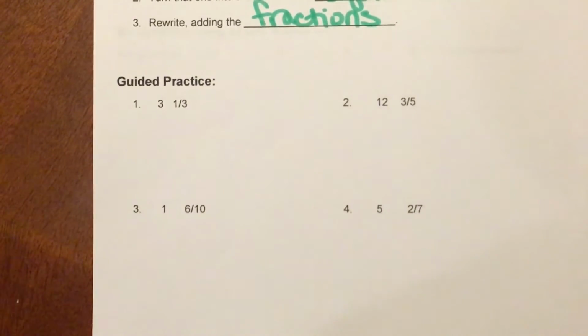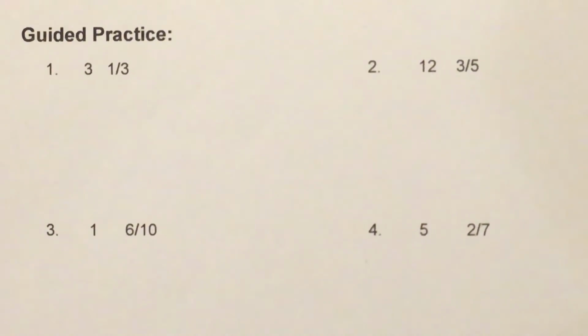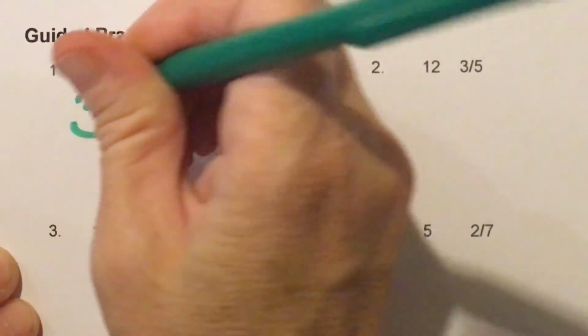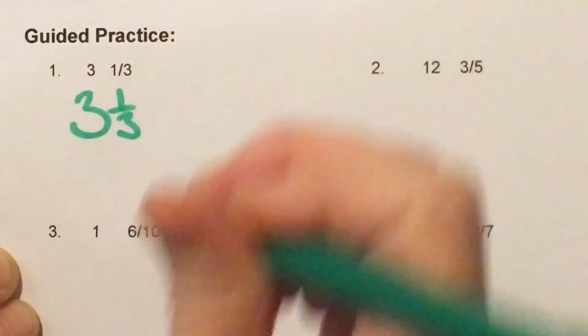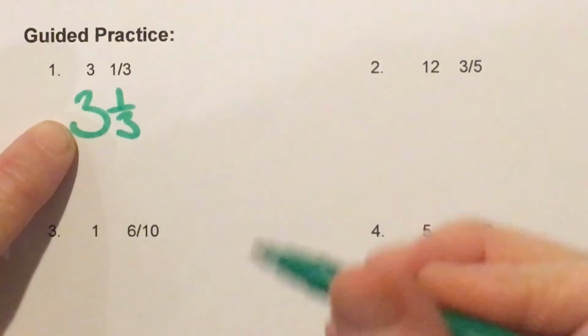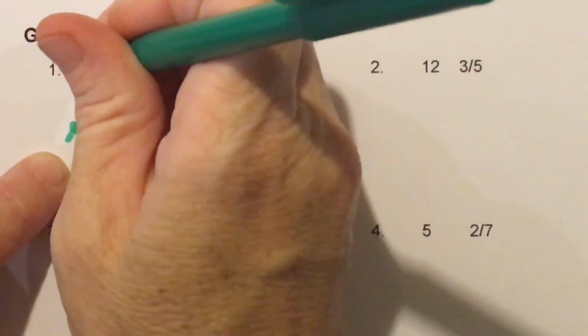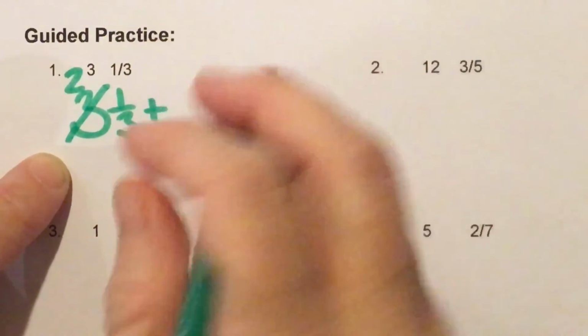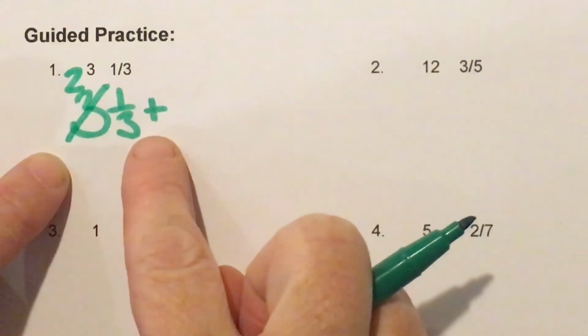Okay, so my first one, I'm going to zoom in a bit. My first one says 3 1/3. And you know I don't like them written that way, so I'm going to rewrite it. 3 1/3. Okay, so I'm going to take 1 from the whole. So this 3 becomes a 2. I'm going to turn that 1 into a fraction that's worth 1.